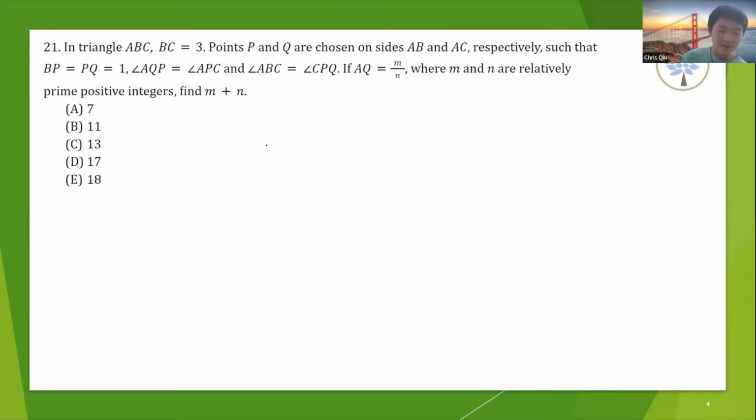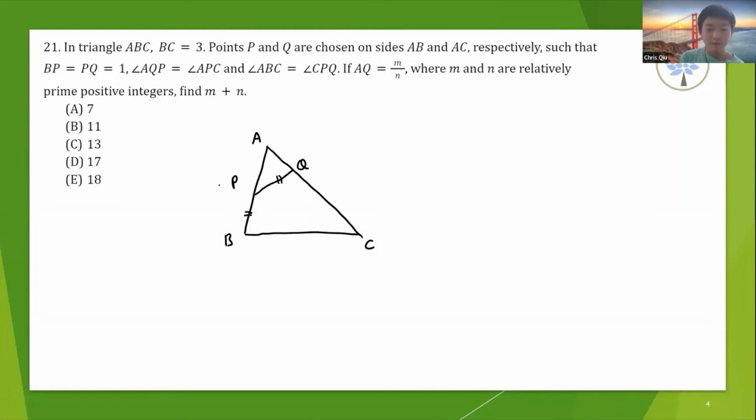So let's first draw a diagram, since it's important to draw a diagram, and if I don't, then all of this is gibberish. So let's draw out our points, A, B, and C, and then point P is chosen on side AB, and point Q is chosen on side AC. And we know that the lengths of BP and PQ are both equal to 1.